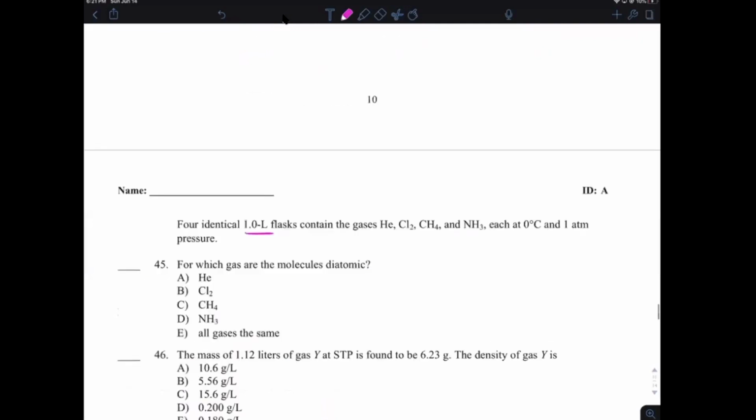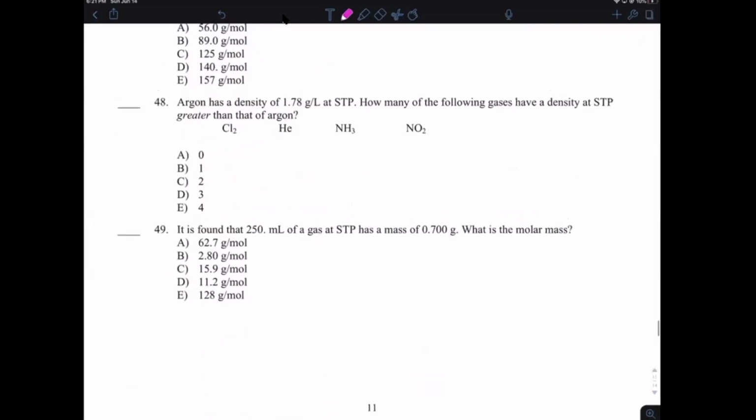And 48, C. I'll check. Argon has a density of blah. How many have a density greater than that of argon?